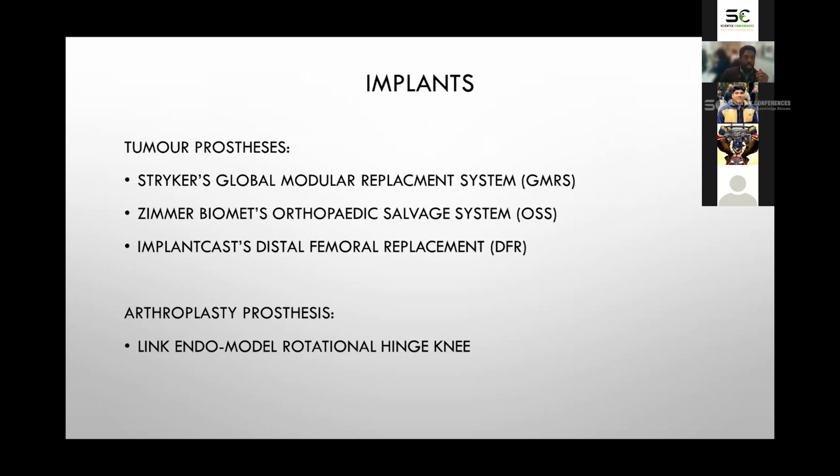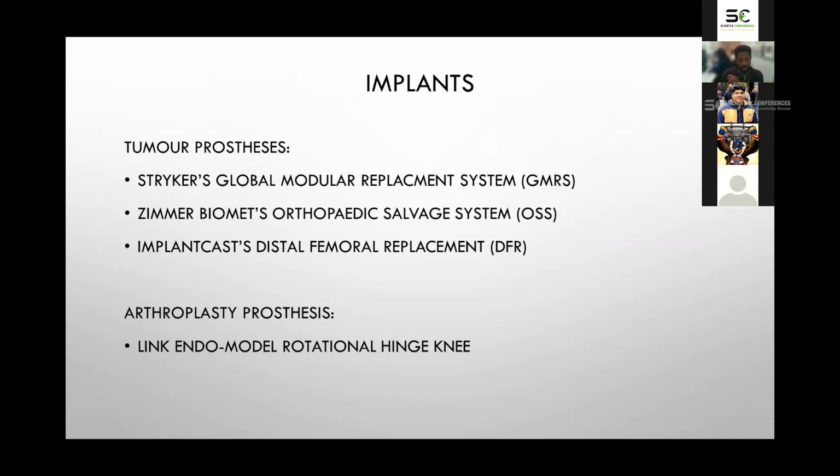We have a number of prostheses that have been used in the literature for distal femoral replacement, including Stryker's GMRS, Zimmer Biomet's OSS, and Implantcast DFR. There's no evidence to prove superiority amongst any of them.